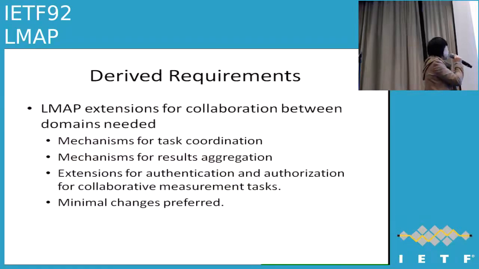And some security issues: we may need mechanisms for authentication and authorization for collaborative measurement tasks. And we don't want the current Lmap protocols, information model or architecture to be changed too much. We don't need such big changes. Minor changes are preferred. Next, please.